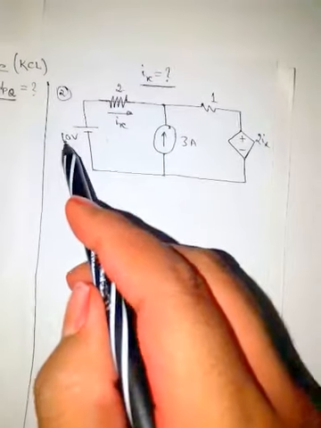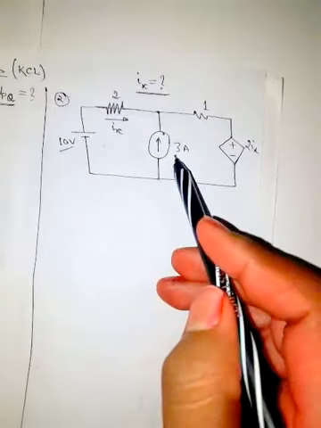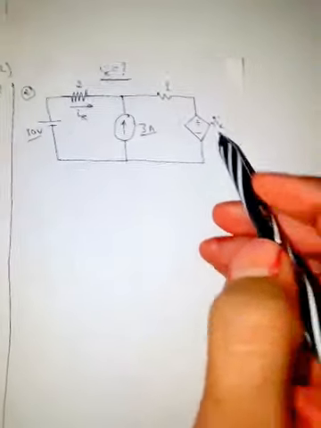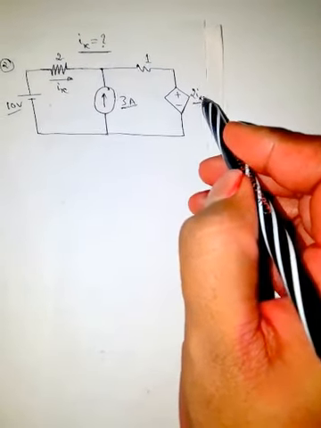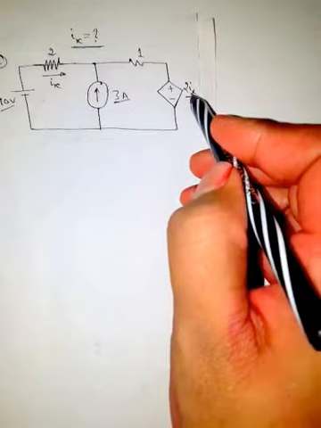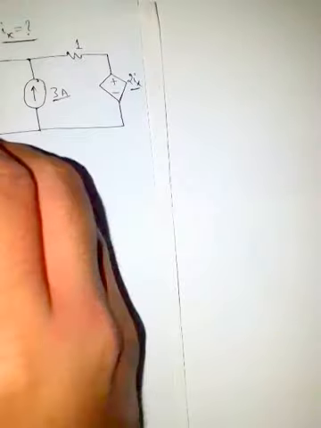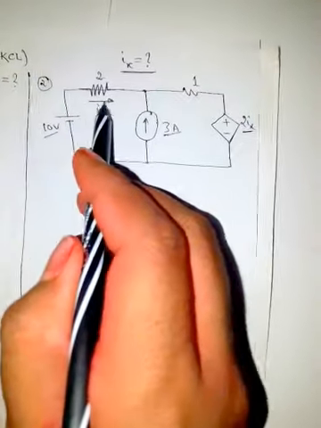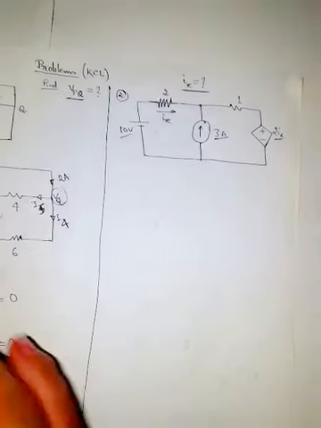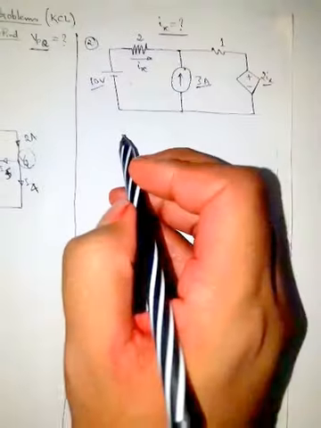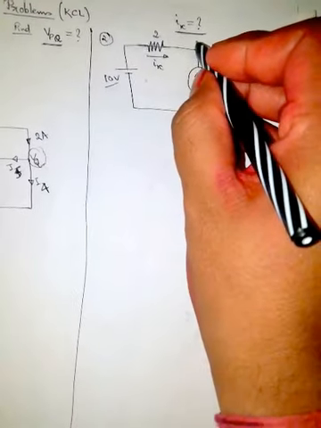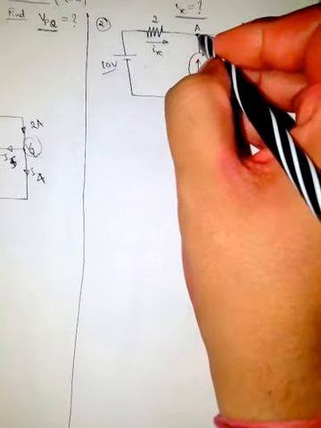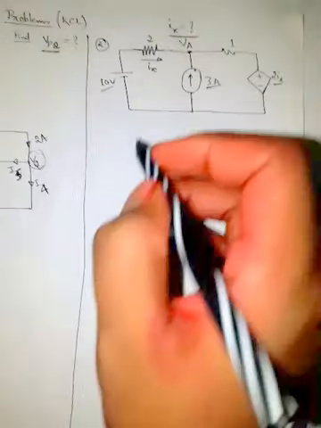There are voltage sources here, current sources here, and a current dependent voltage source here, and this dependent source is dependent upon the current flowing through this branch. Then I can assume this as node A with voltage VA.